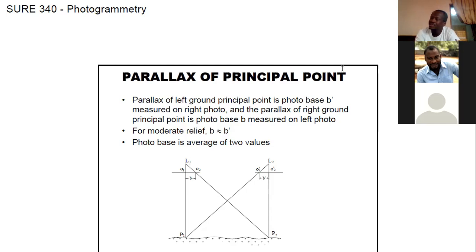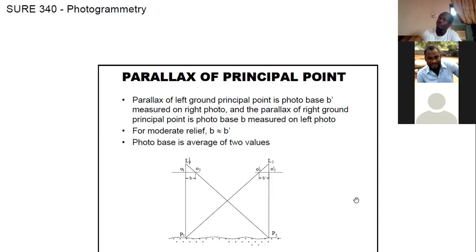But the representation of the principal point on another photograph, and the distance between it and the other principal point on that photograph, becomes the parallax. So the parallax becomes B, which is the photo base. It's the distance between the two exposure stations.